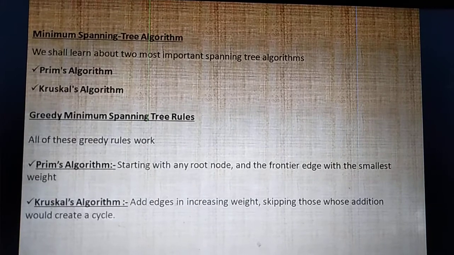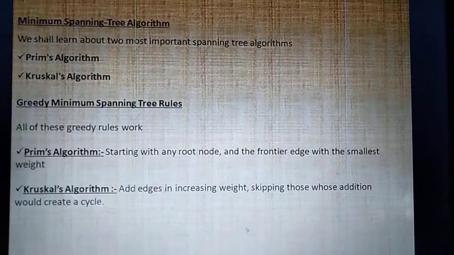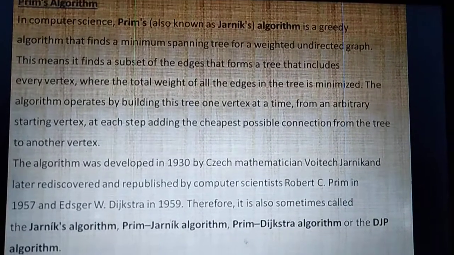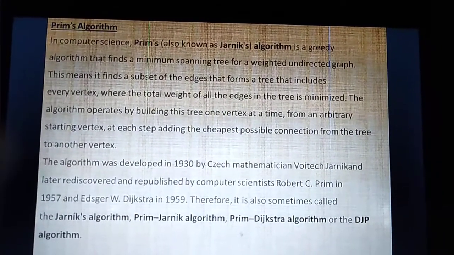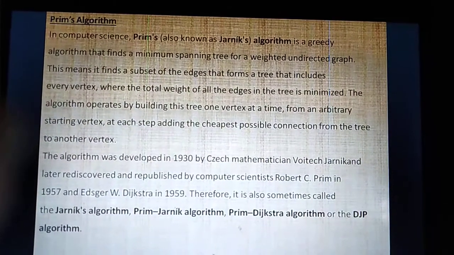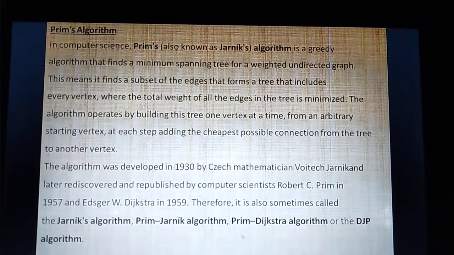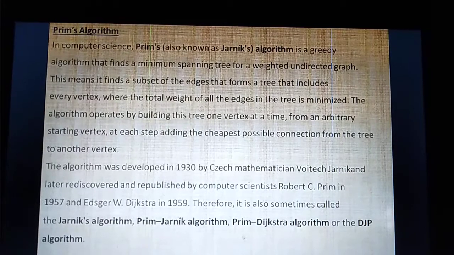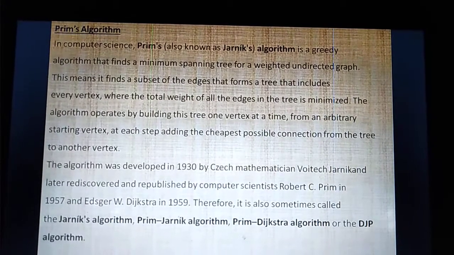The Prim's algorithm works with this particular concept. And in the case of Kruskal's algorithm, it takes edges in increasing weight, skipping those whose addition would create a cycle. Now, Prim's algorithm is also known as Jarnik's algorithm, which is a greedy algorithm to find the minimum spanning tree for a weighted undirected graph.